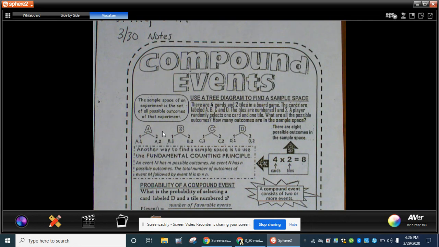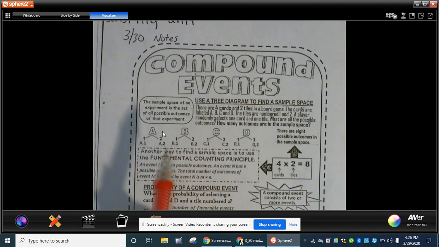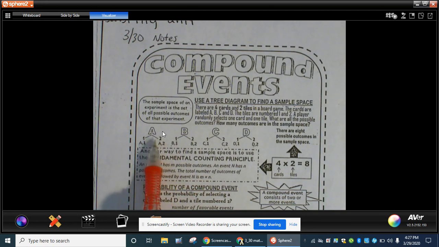For example, in the first event, I have 4 different cards. In the second event, I have 2 different tiles. So to determine all the possible outcomes, I could just take 4 and multiply it by 2, which gives me 8 possible outcomes. This is called the fundamental counting principle. You're multiplying the first event by the second event.